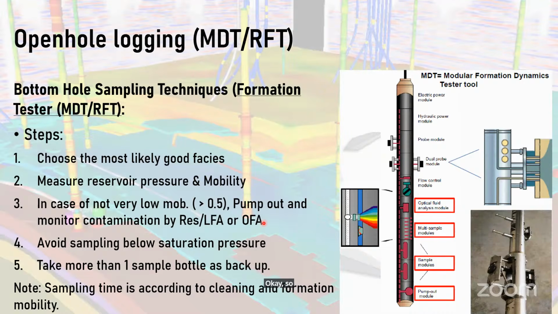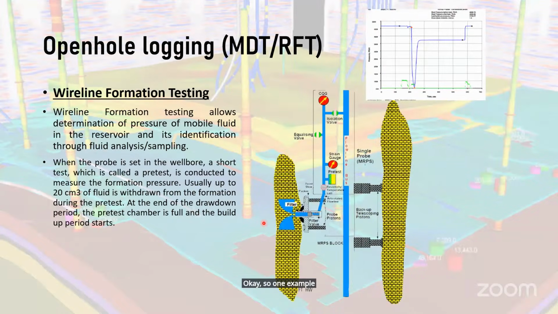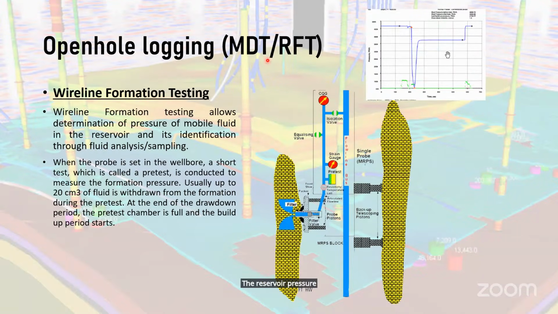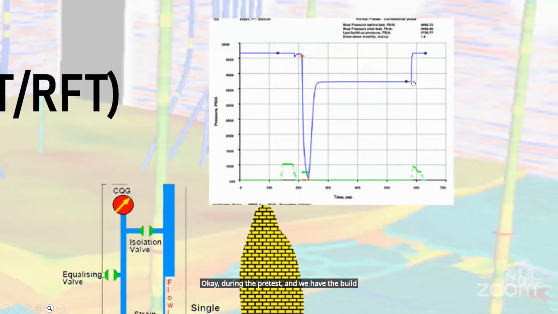Okay, so one example of the uncertainty that can be answered by the MDT will for sure be the reservoir pressure. Because you see here we have the drawdown during the pretest, and we have the build up. Okay, so we will acquire the reservoir pressure.